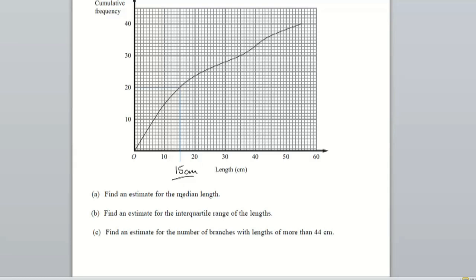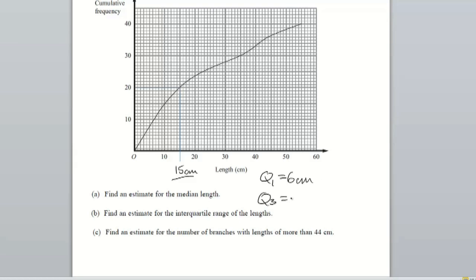An estimate for the interquartile range of the lengths. Well, interquartile range, I need to find Q1, which is the lower quartile, 25% of the way across, which on here looks like about there, which is 6.